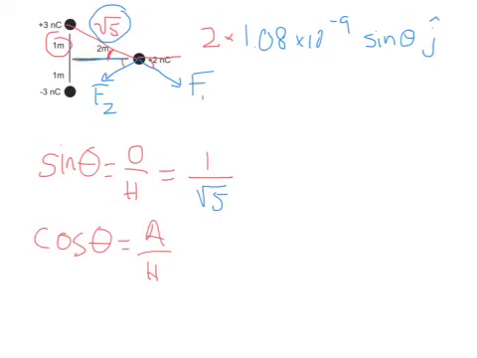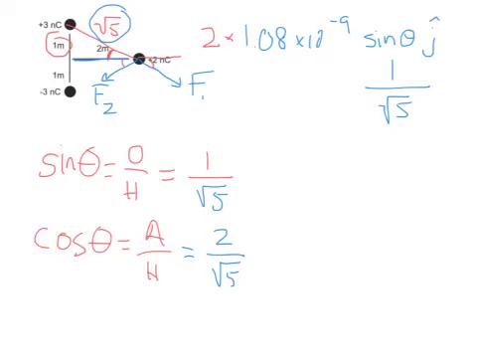So cosine theta would be adjacent 2 over the hypotenuse root 5. Again, we didn't need to actually figure out what the angle was. You could if you wanted to, but it doesn't matter. Sine theta is the ratio of the opposite and the hypotenuse. So if you know that the opposite is 1 and the hypotenuse is root 5, then sine of whatever the angle is going to be 1 over root 5.